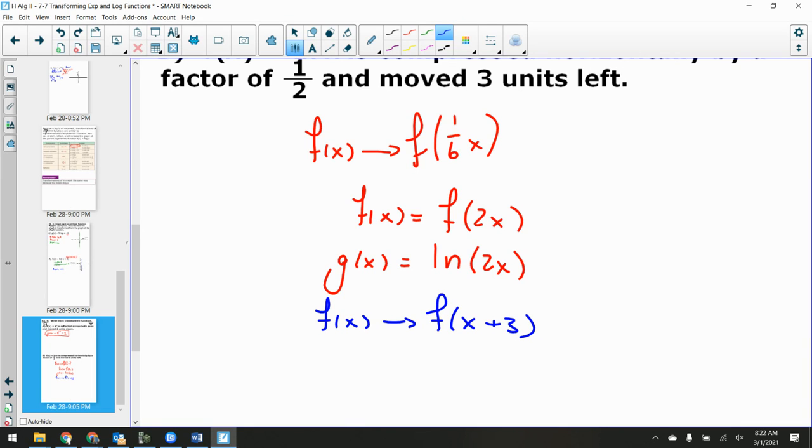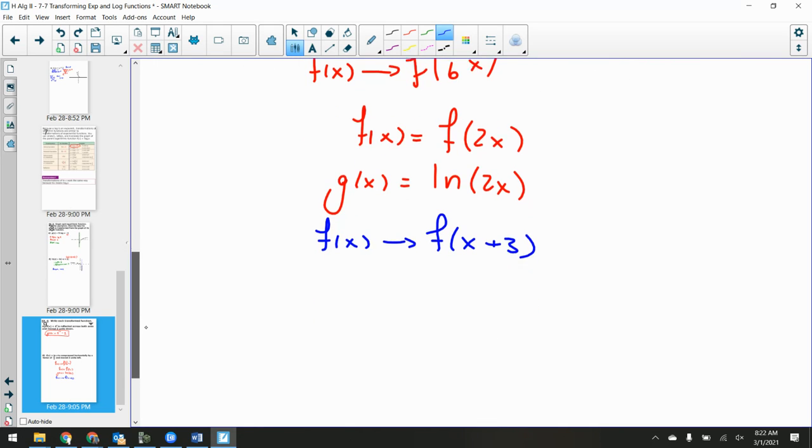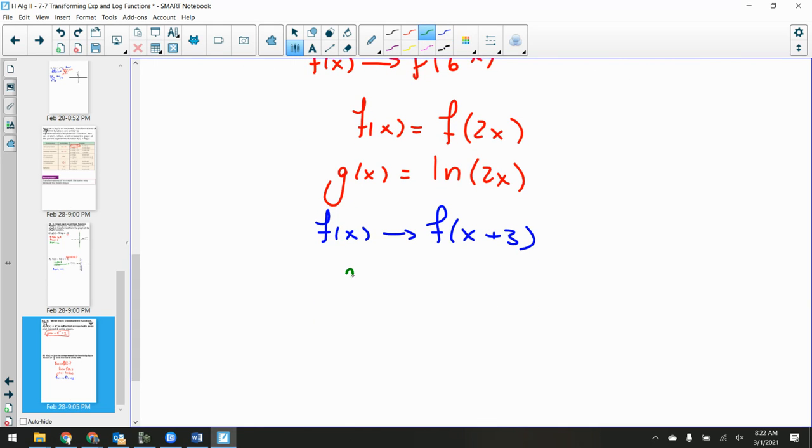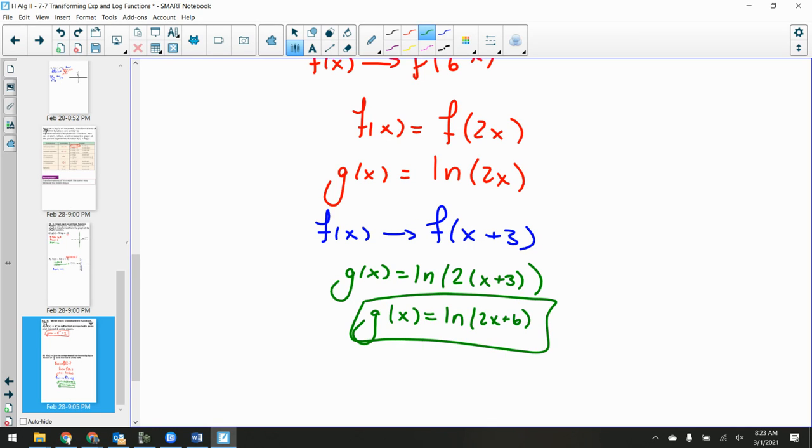What does something horizontal do? It removes x, so g of x, my final, is going to be ln of, it was 2x, now it's 2x plus 3. It's going to remove x and input whatever's inside the parentheses. Why does that change anything? Because you might try to say 2x plus 3, but it's not. It's 2x plus 6. That's my answer.